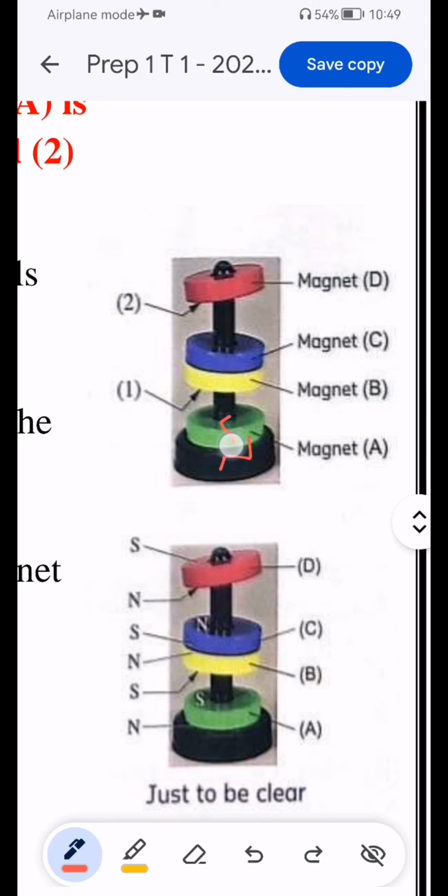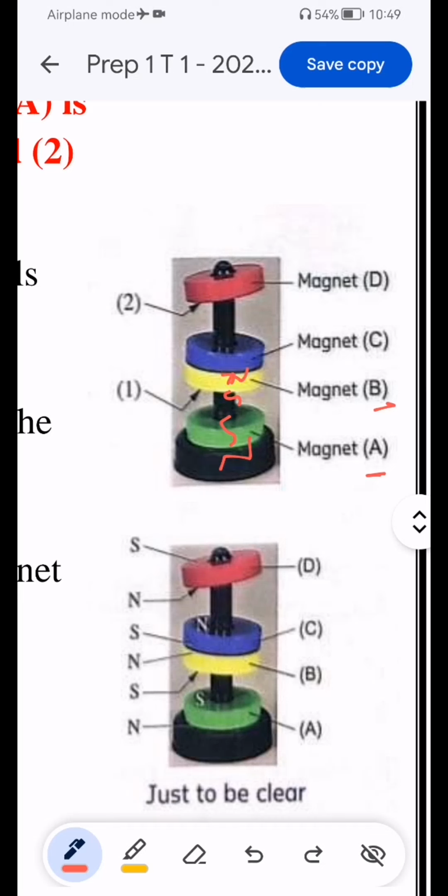It will be south. Okay? And there is repulsion between magnet A and magnet B. That means the lower part of magnet B is south also. As we said, the same poles repel each other. And the other part of magnet B will be the north pole.